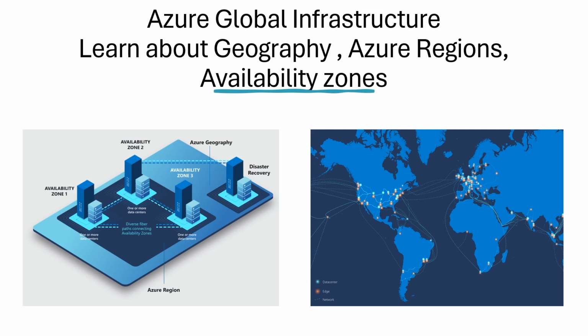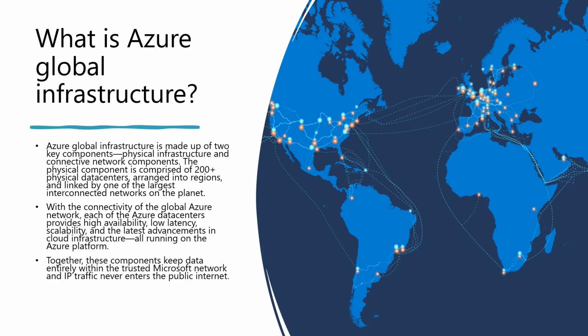Understanding Azure's global infrastructure is essential for anyone working with Azure, whether a beginner or an advanced user. What is Azure Global Infrastructure? Azure operates on a vast global network of data centers located around the world. This global infrastructure allows Azure to deliver cloud services reliably and efficiently to consumers worldwide.